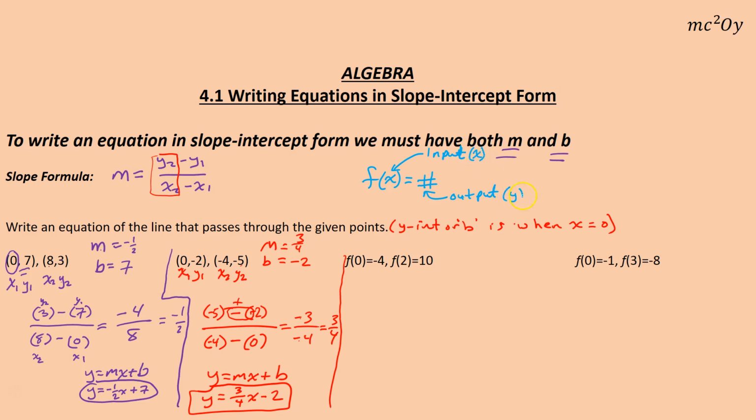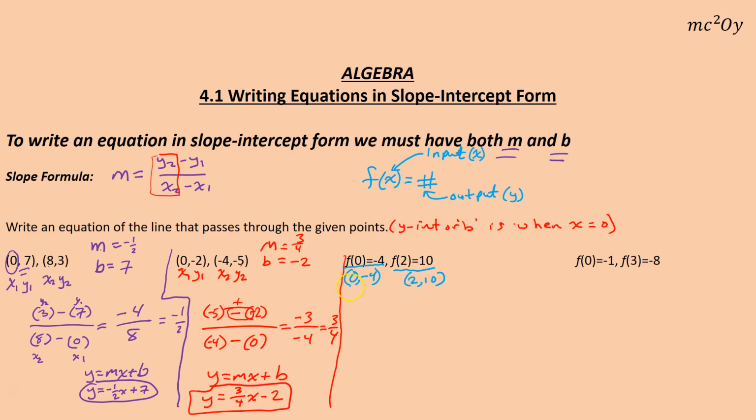Another name for output is y. So really, in function format, all they're doing is giving you another ordered pair. They're saying, okay, when x is 0, y is negative 4. This one says when x is 2, y is 10.